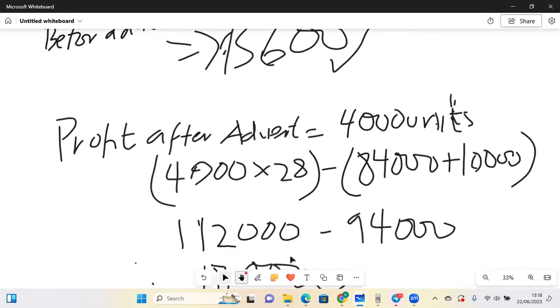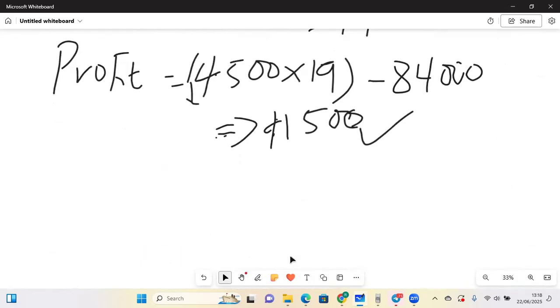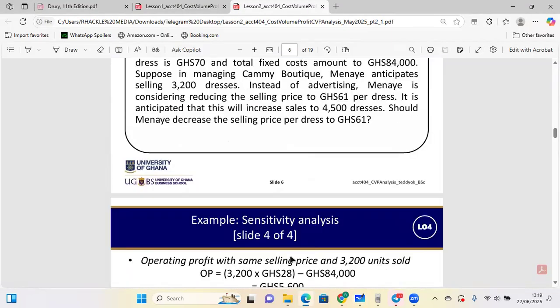So I would advise her not to reduce price. You get it? Even though it will increase the quantity sold, I would advise her not to reduce price. All right, so that is it for that side.